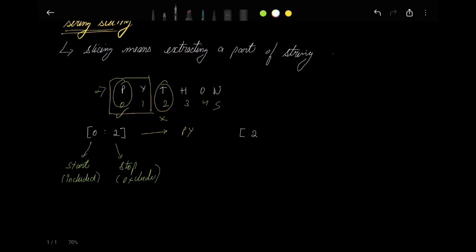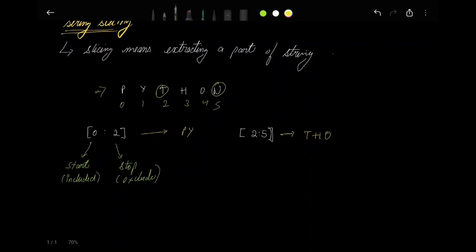Let's say I write 2 and 5. Now the second index is this and the fifth index is this. So we will write T H O, but we won't write the N because the last index is excluded here.